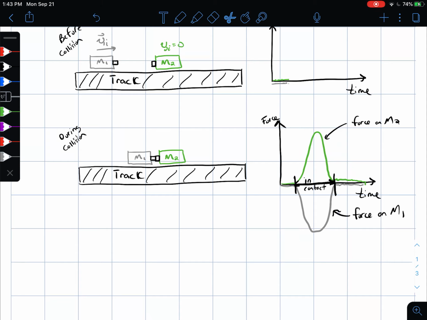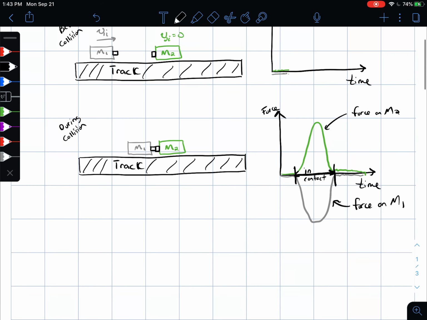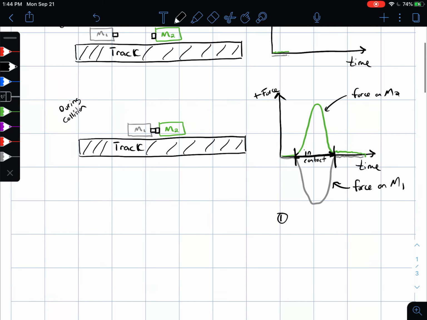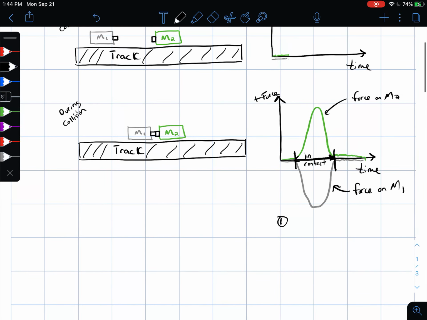First off, what do you notice when you look at the graph in the video? The first thing that hopefully you noticed is that the green graph and the gray graph look almost identical to each other, but they're mirror images. Upwards is the positive force, downwards would be a negative value. The fact that they are exact mirror opposites of each other, but one is positive and one is negative, means that these forces are equal and opposite.